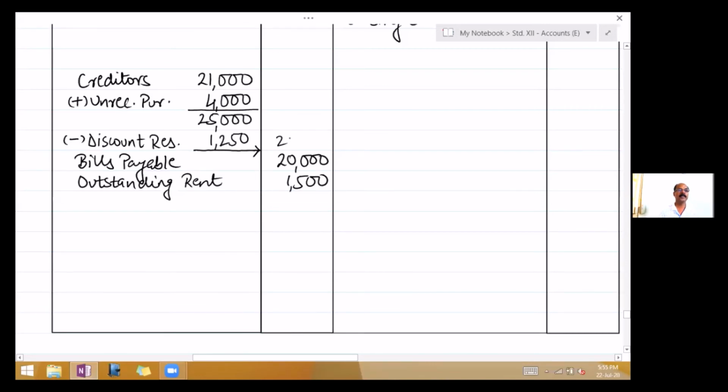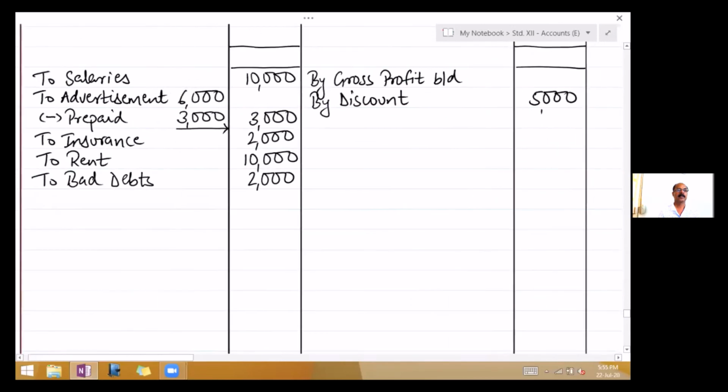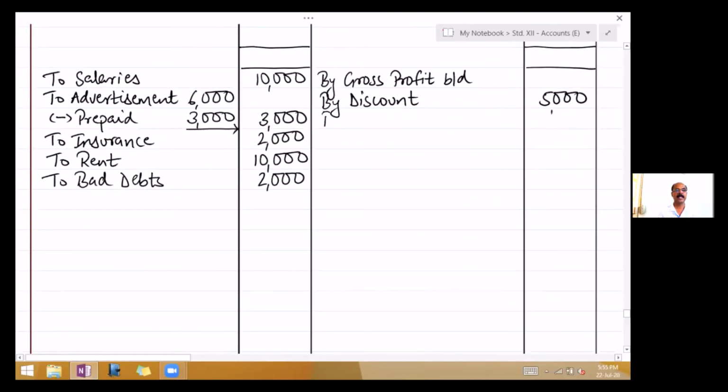Outer column 23,750. And the second effect of this adjustment, you deduct from the liability side, go to the credit side of the P&L account. Decrease in asset is debit side, decrease in liability is credit side. By discount reserve on creditors 1,250.